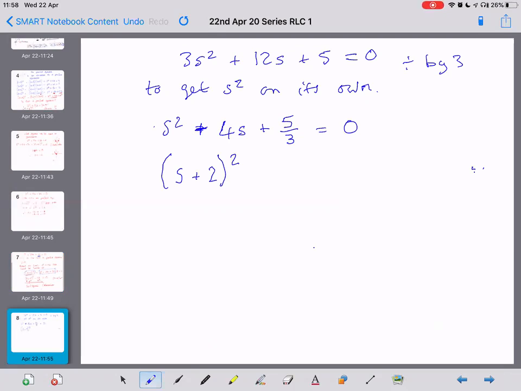If we multiply that out, we'd end up with a constant on the end of 4, which is 12 over 3. So we're going to have plus 5 over 3 minus 12 over 3. We want it as thirds, so we can take it away, yeah?